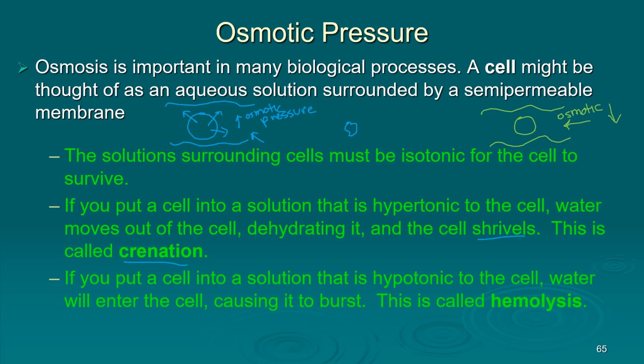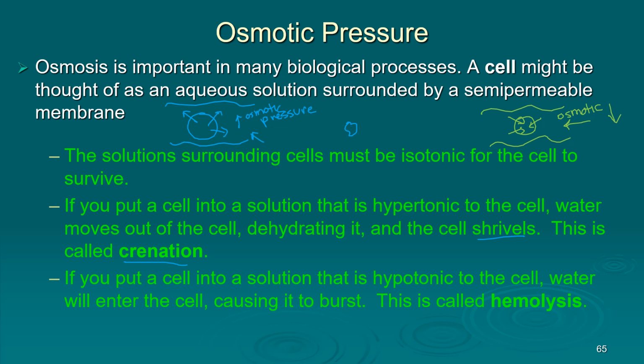What's going to happen is that now the inside of the cell is more concentrated than outside the cell, so water's going to flow into the cell, and in fact the cell may burst. This is called hemolysis. And so what you want is for the osmotic pressure of the solution, like your blood, to be the same as your cell.